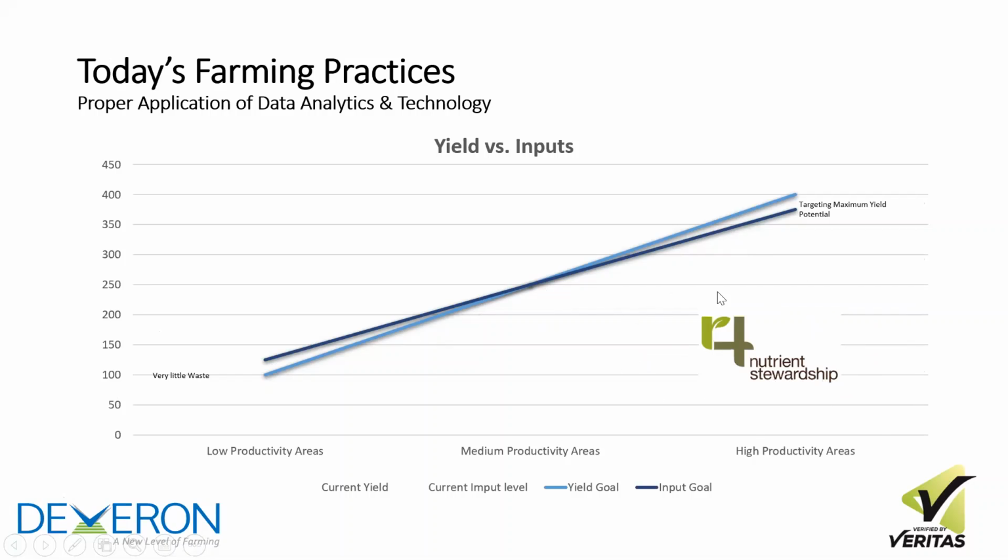And this starts to really fall into that 4R nutrient stewardship guidelines, where we're not over applying in our poor yielding sensitive feature areas, and we are applying the right amount of fertilizer in those high yielding areas where, you know, we can push a little harder and we can get some more value out of it, ultimately making the best bang for our input dollar we can get to drive profitability on the farm.